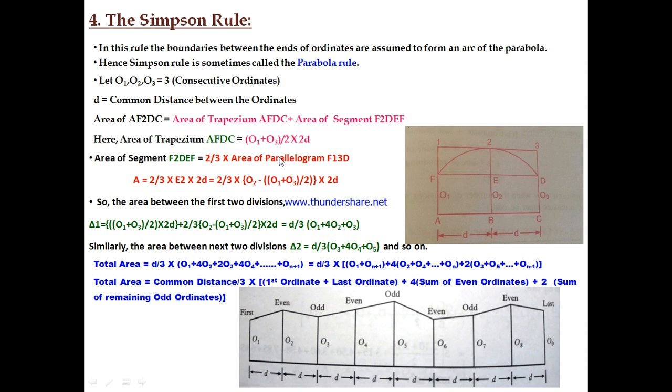I am not going to explain how it comes here, but you can get the proof from regular geometrical figures: if you cut a parabola in a parallelogram, then the area of that particular segment will always be 2 by 3 times the area of the parallelogram, and here that parallelogram will be F13DF.